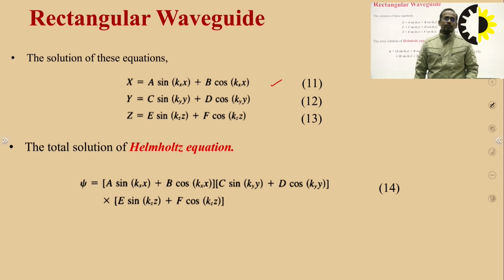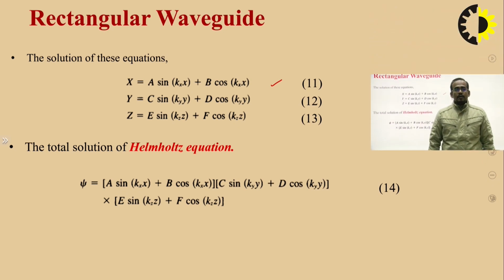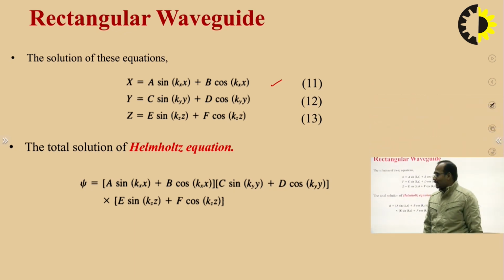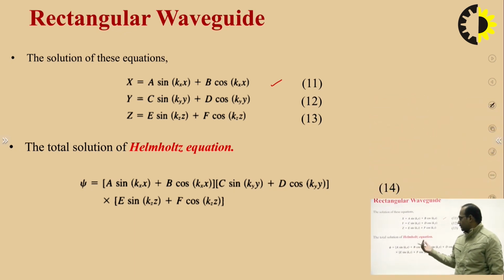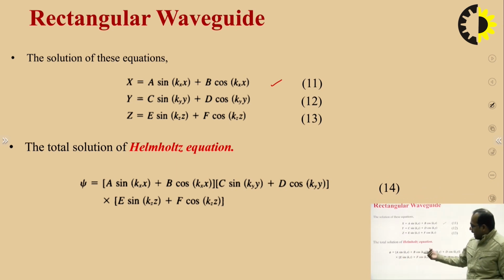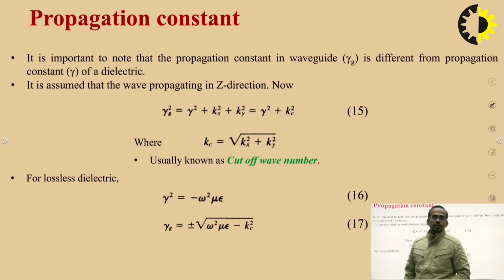After finding these values, we will get X, Y, and Z like this, and the solution of the Helmholtz equation will be psi is equal to A sin kx x plus B cos kx x, C sin ky y plus D cos ky y, E sin kz z plus F cos kz z. So this is the solution of the Helmholtz equation.